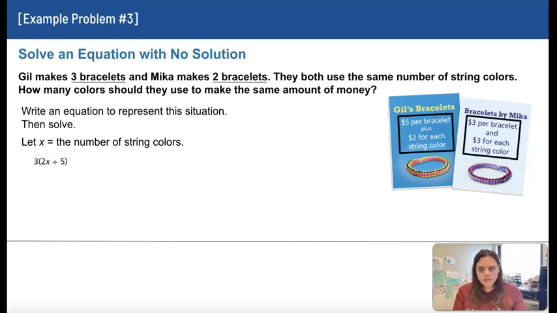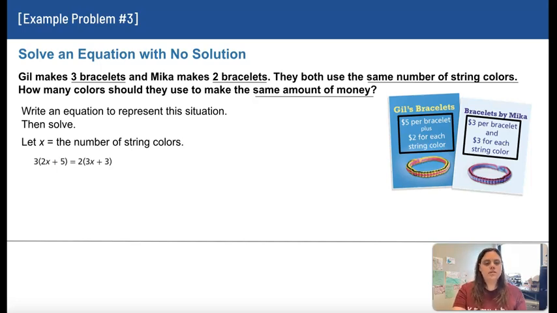Hers are $3 and 3 times whatever x is. So you can see in your notes I've already put that as 2(3 + 3x). And we are wondering when these are the same, so we're wondering when they are equal.